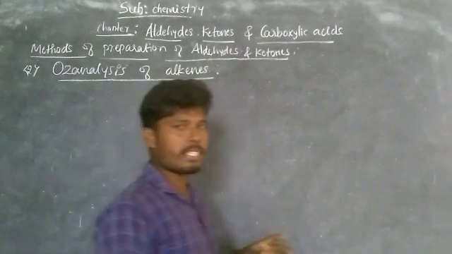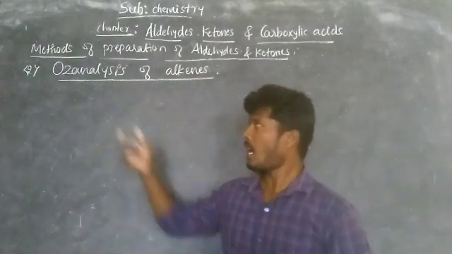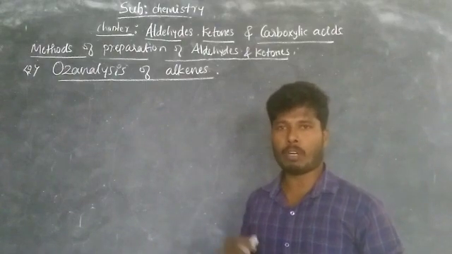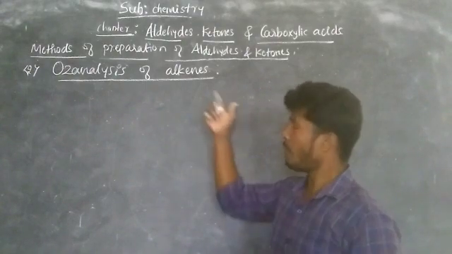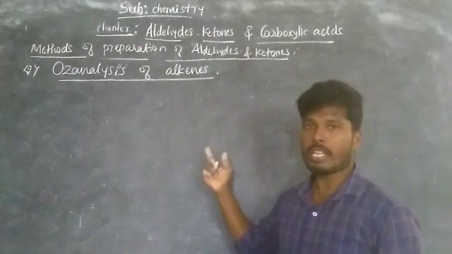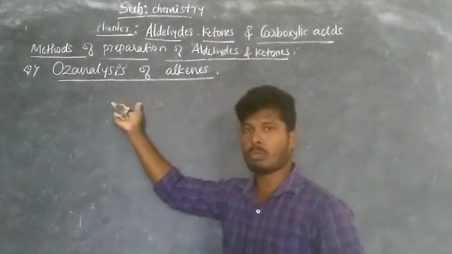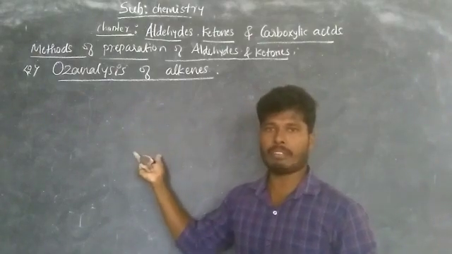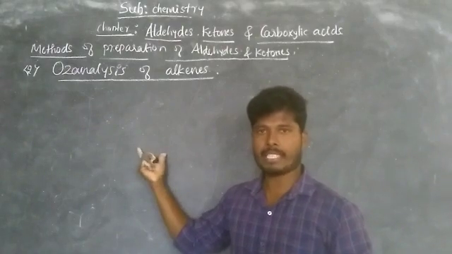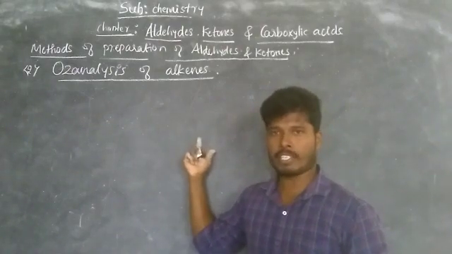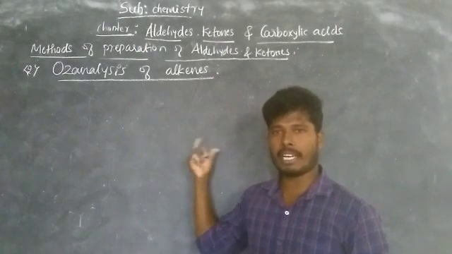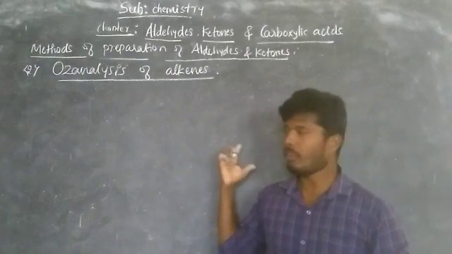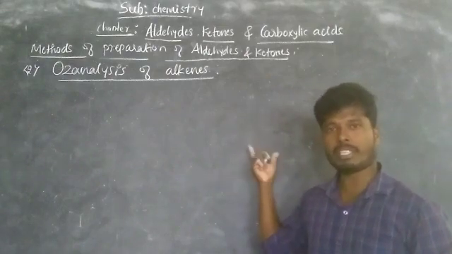So ozonolysis is a process in which addition of ozone takes place across the carbon-carbon double bond. Okay, that is from alkenes. Now in this process, alkenes are treated with ozone. You get a 5-membered cyclic compound that we call an ozonoid, which is unstable, and on reduction by treating with zinc dust in water or hydrogen and palladium catalyst, you get the respective aldehydes and ketones in the same step.